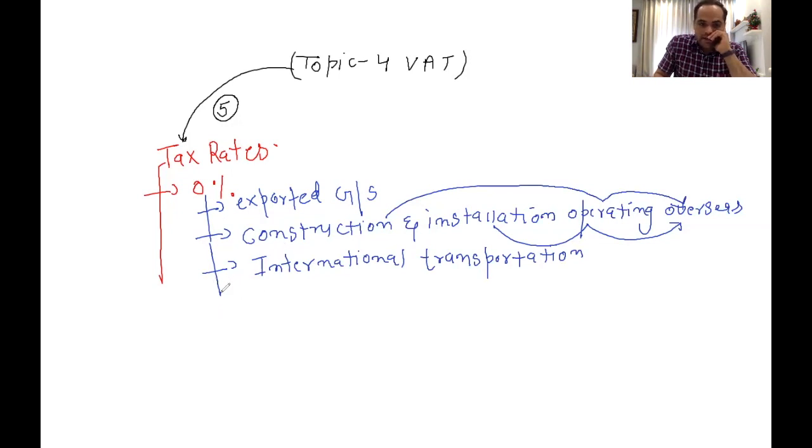And besides all these things, we have some other goods or services on which we don't have to pay value-added tax, right? So what are these? These belong to any items which come under learning outcome 3A.